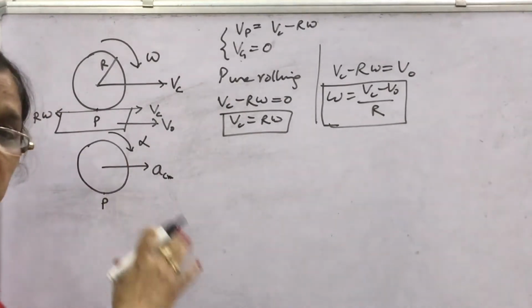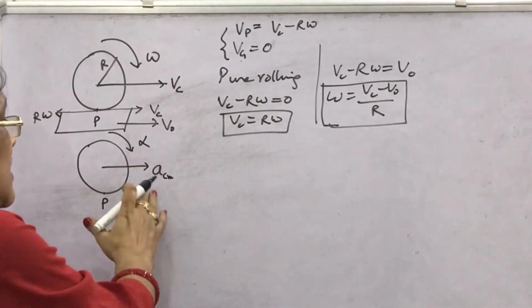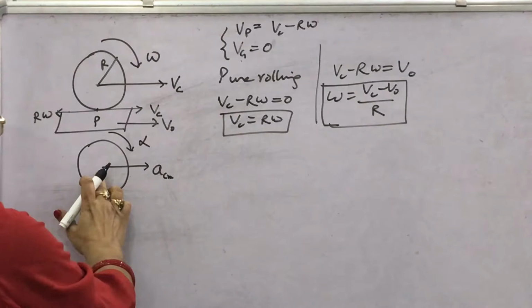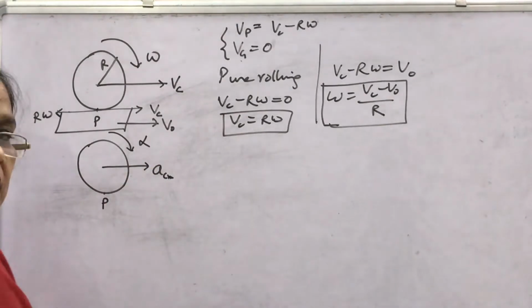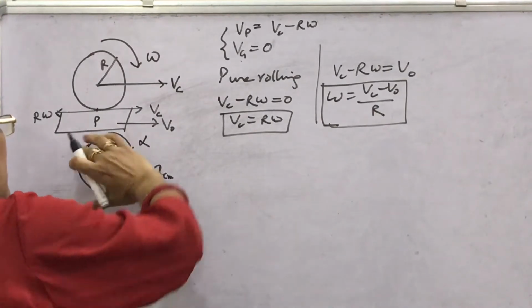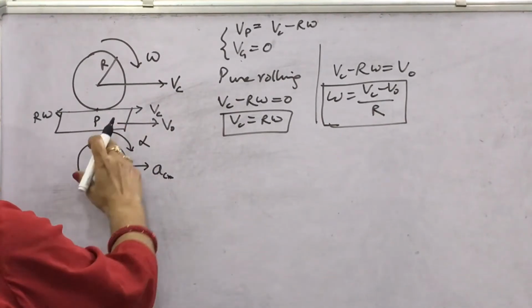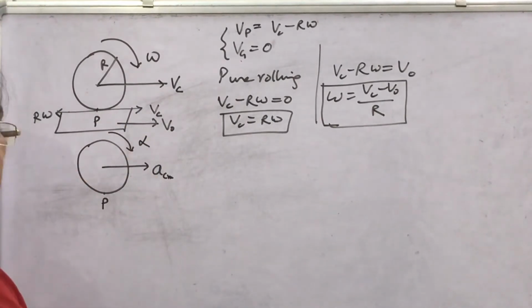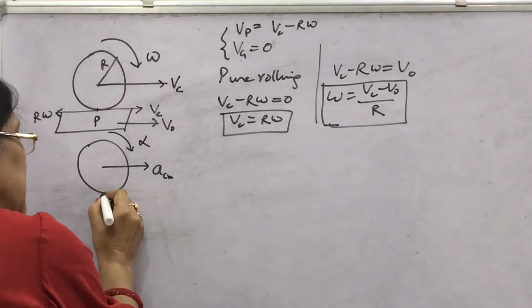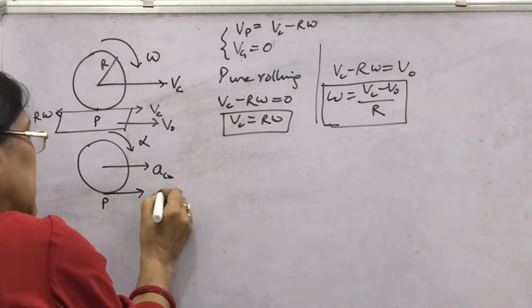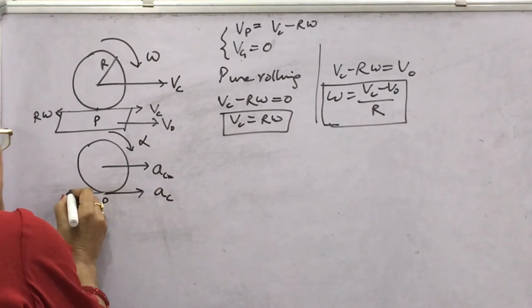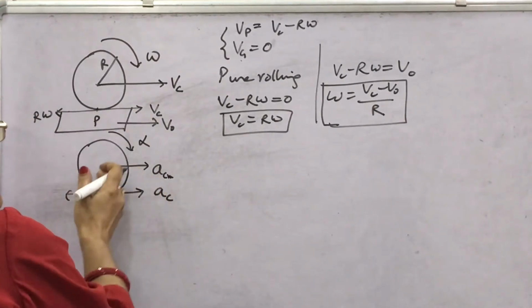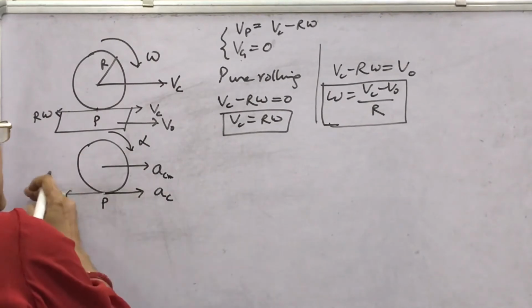Similarly for the accelerated motion, we also have seen, let the center of mass of the body which is rolling have the acceleration acm, and acceleration produces angular acceleration also. So this lowermost point has this acceleration in this direction ac, and due to the rotation, which acceleration? Angular acceleration in this direction.